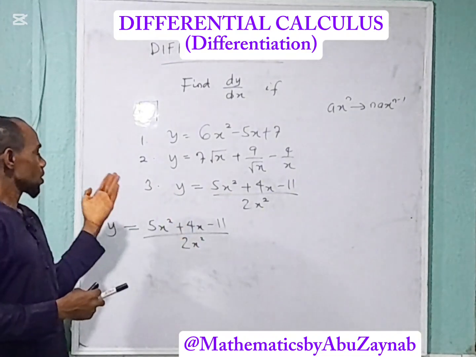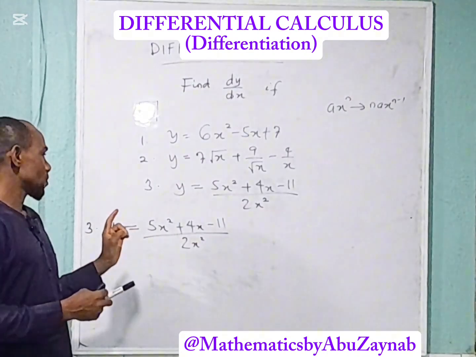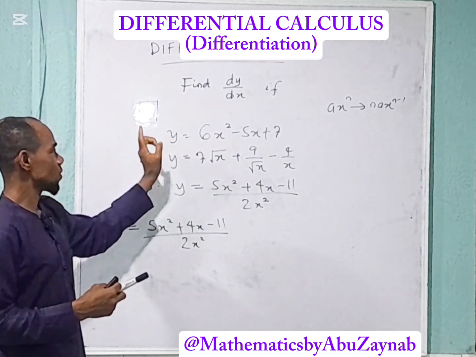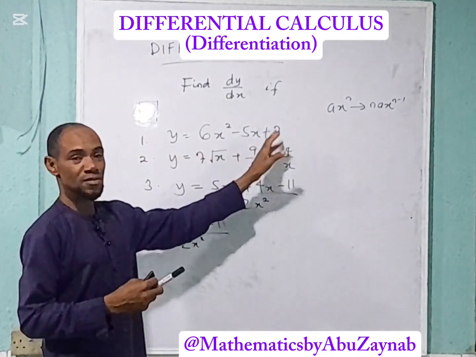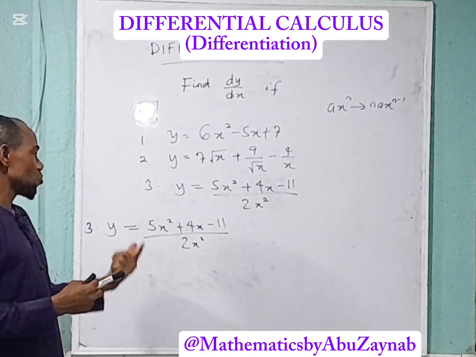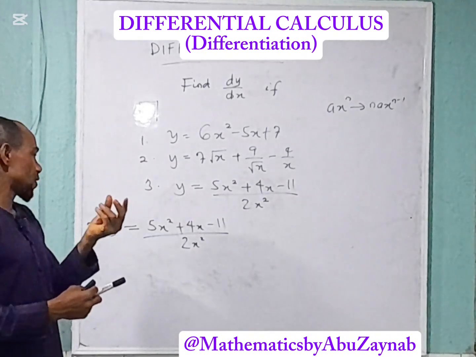One is that each term must be standing alone. I call them standing alone. They are not lumped up. If you look at question 1 and 2, look at 6x squared separate, minus 5x separate, and 7 separate. Likewise this. That's condition 1. Condition 2 is that you must have each standalone term in index form.